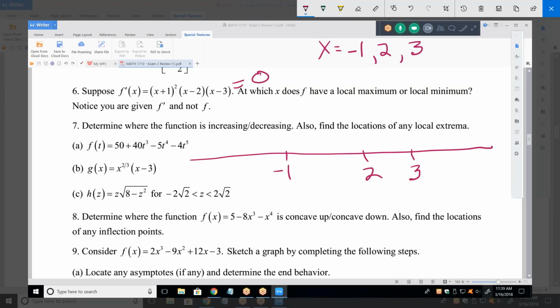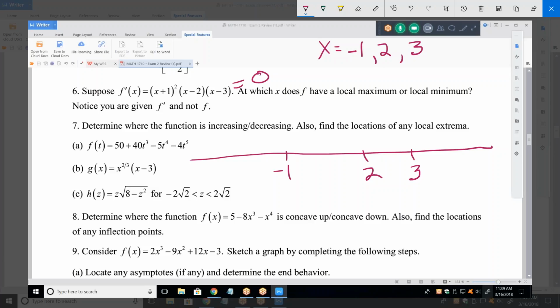So pick any number you want to the left of -1 and tell me whether you get a positive. Yeah, this will work.